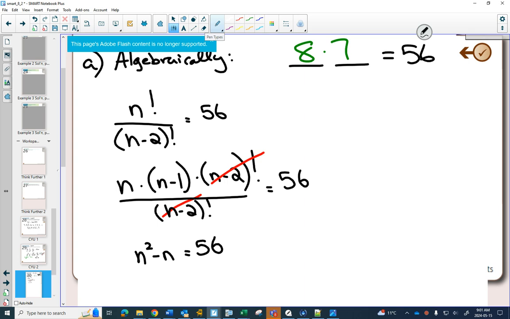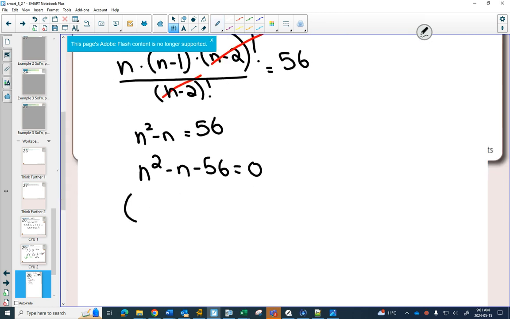How do I solve quadratic equations? I make one side equal to 0, and either factor or use a quadratic formula. This one factors nicely. They'll always factor nicely because the only thing that works are whole numbers. So this factors nicely to n minus 8, n plus 7.